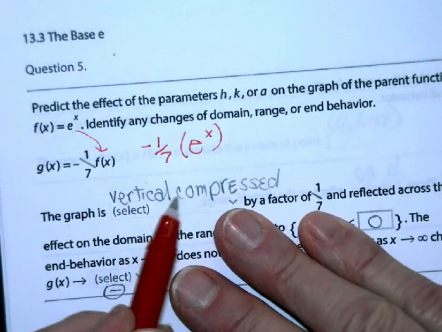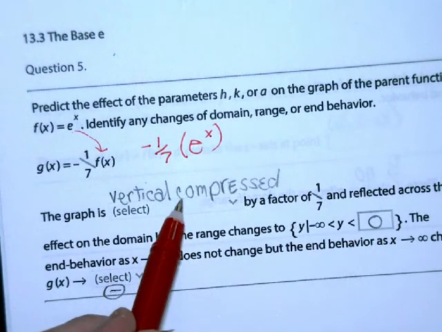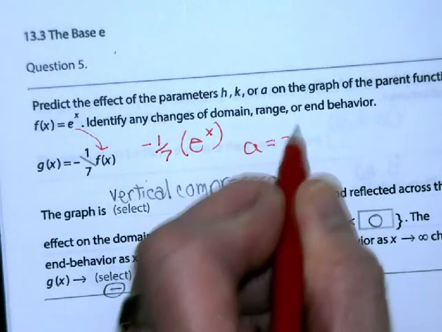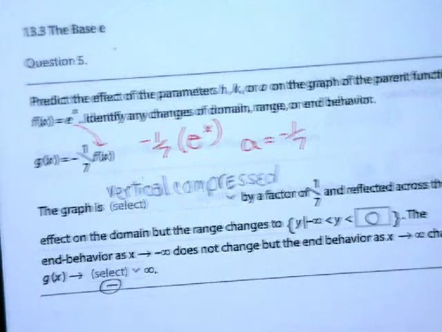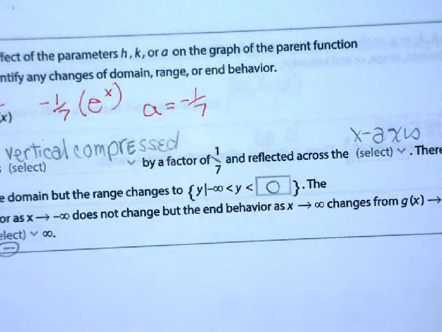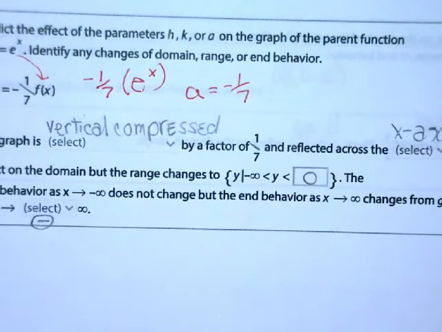So it's a negative 1/7 times e to the x, okay? Because it's 1/7, it would be compressed. So a equals negative 1/7, and there's that reflection across the x that we know and love because a is negative.